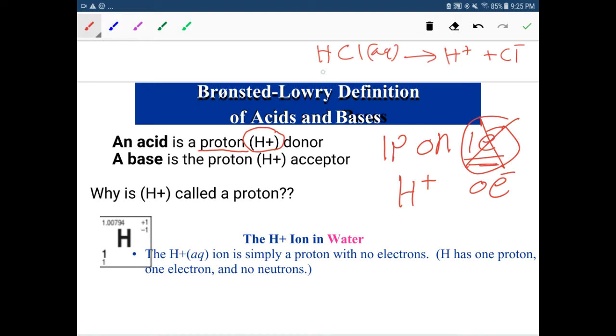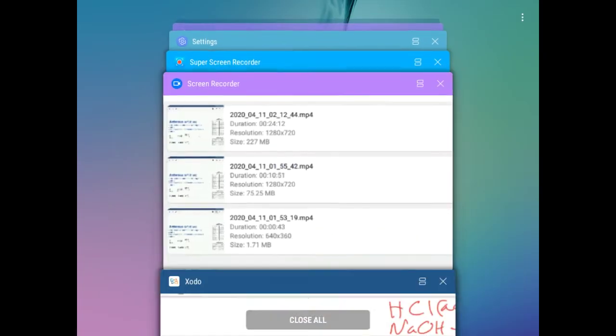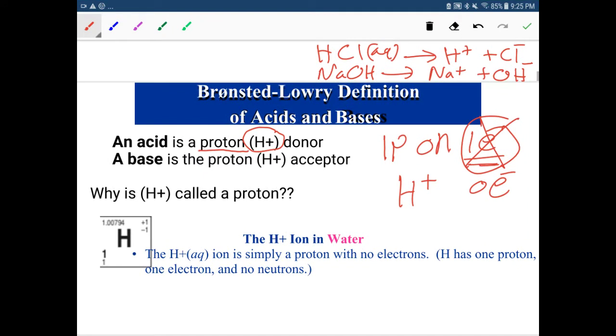An Arrhenius base is any substance that produces or increases the concentration of OH minus. So for example, NaOH, sodium hydroxide, when it's dissolved in water, will produce Na plus plus OH minus. So this is an Arrhenius acid, and this is an Arrhenius base, according to the Arrhenius definition.